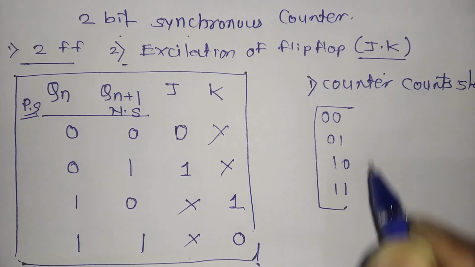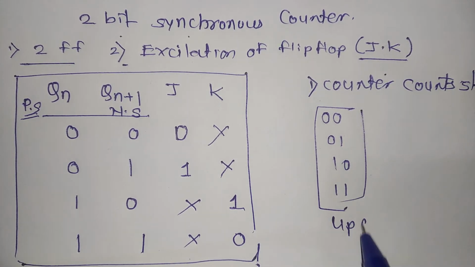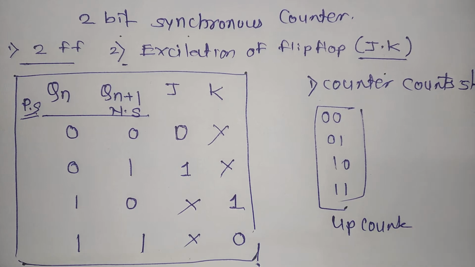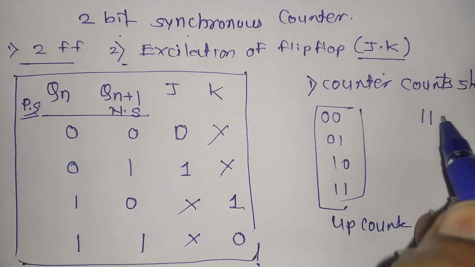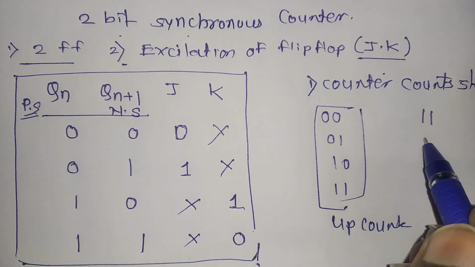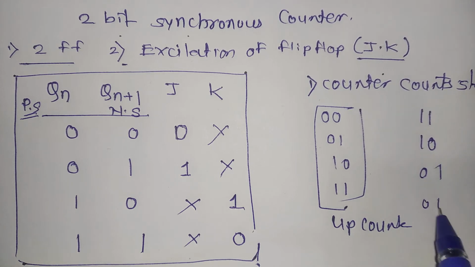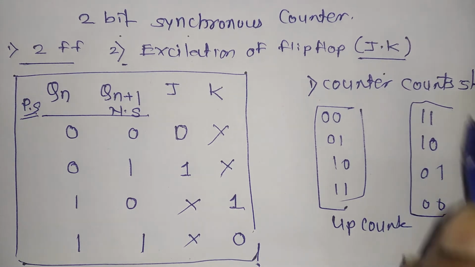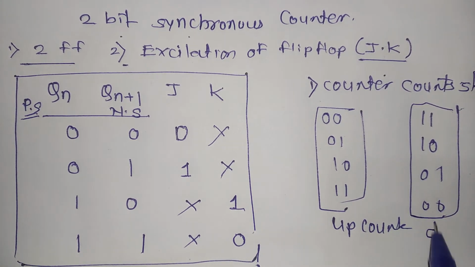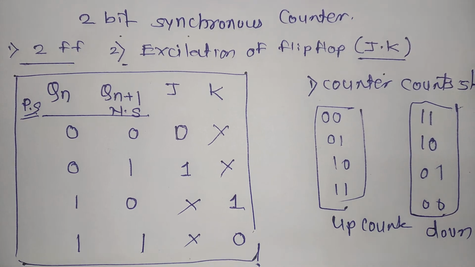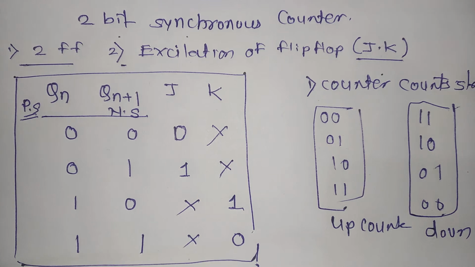This is for an up counter. And if there is a down counter, the 4 states are 1 1, 1 0, 0 1 and 0 0. This is for a down counter, but in this session we are discussing the up counter, which is a synchronous counter.